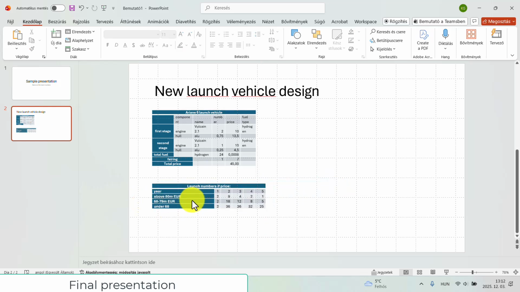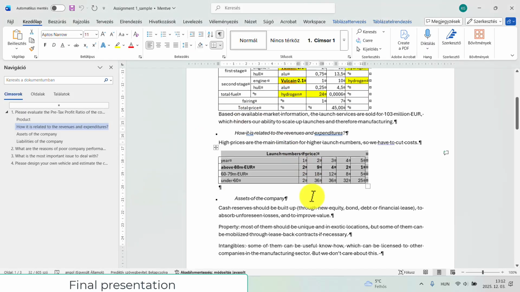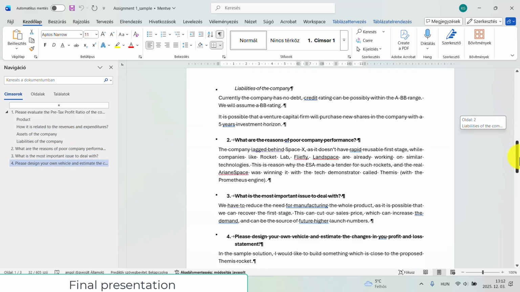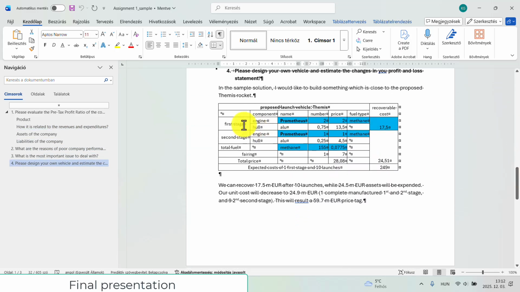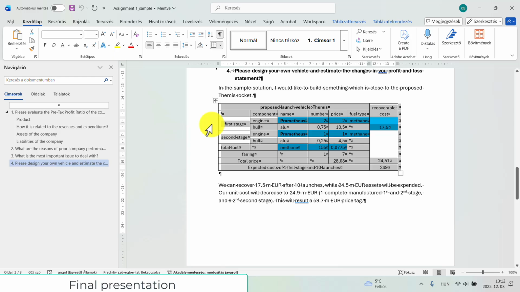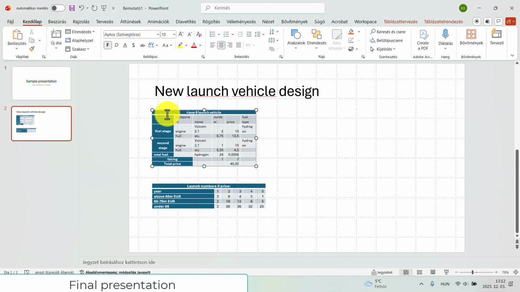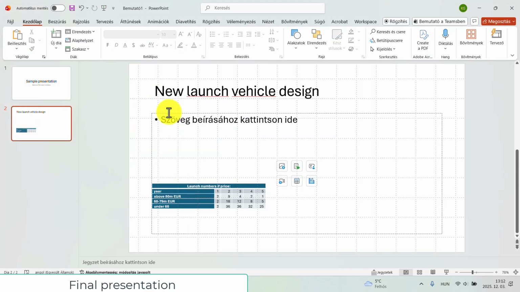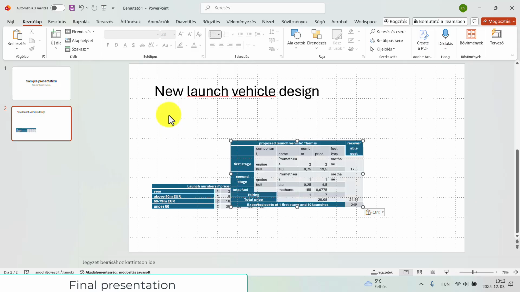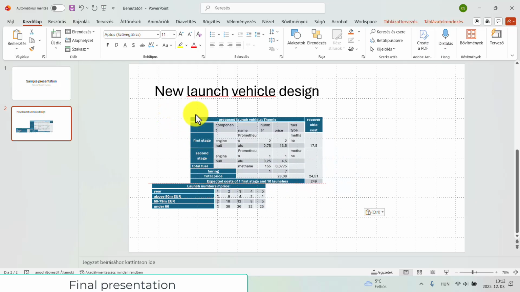Oh, the wrong place. This is my beautiful design. This is the flying trash bin, so we don't care about that one. This is ore.